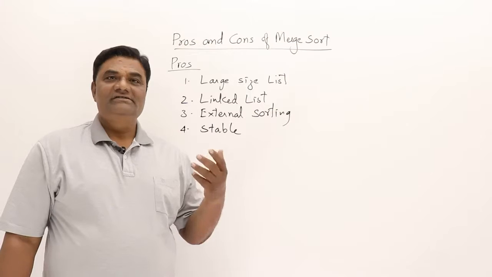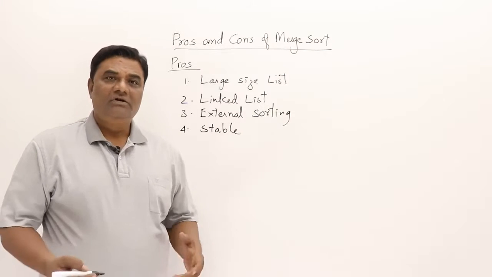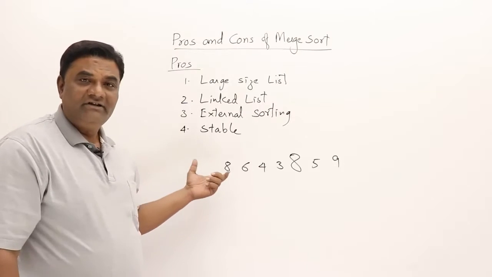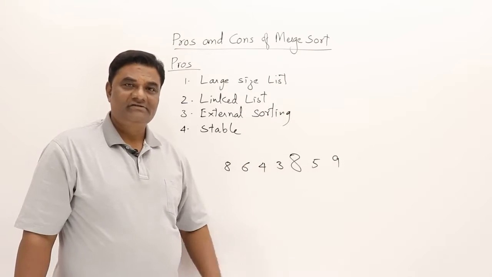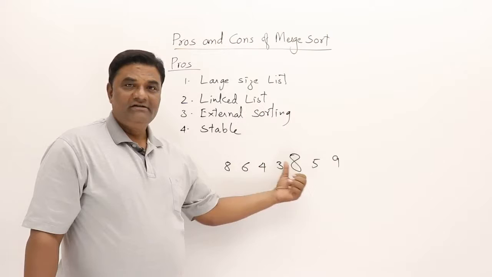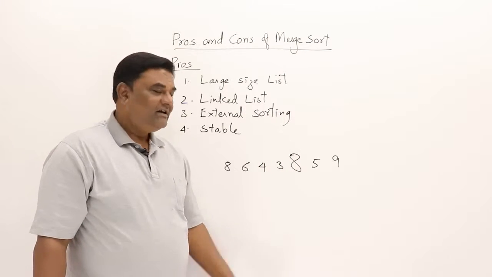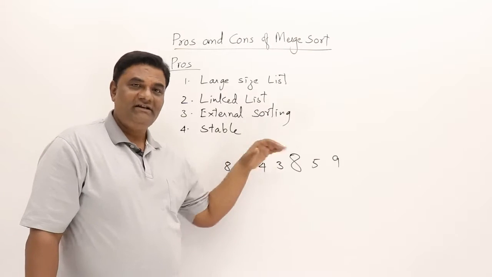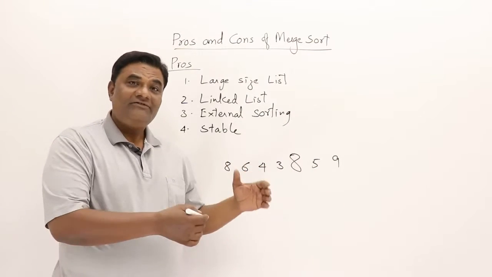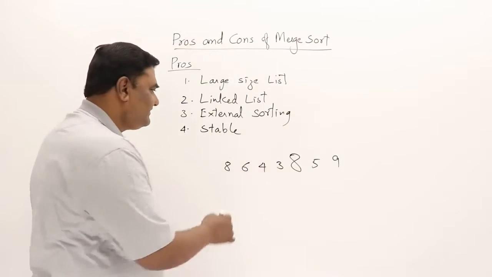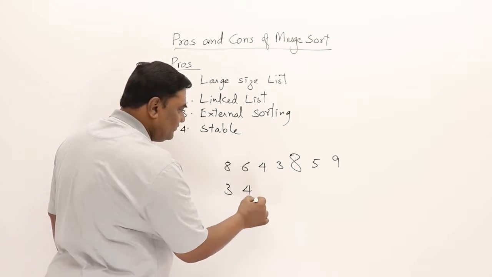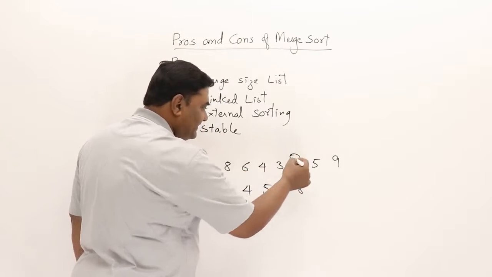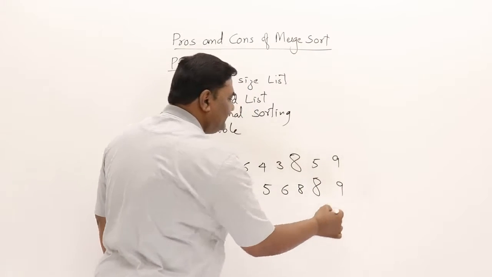MergeSort is stable. What does it mean by stable? If I have a list in which I have some duplicates. 8 is duplicated, so it is appearing 2 times. I have taken one in small size, one in large size to show that this is the first 8 and that is the second 8. After merging, how I want the result is 3, 4, 5, 6, this is the small 8, then this 8, then 9.